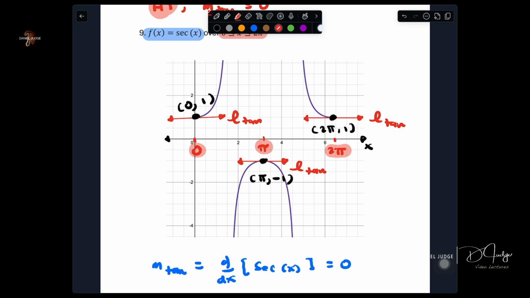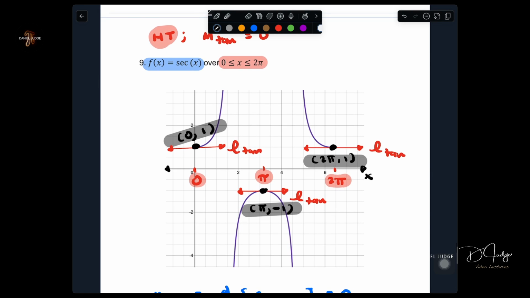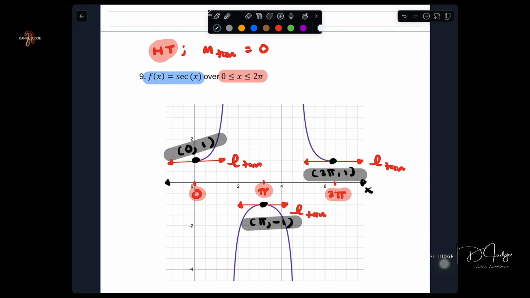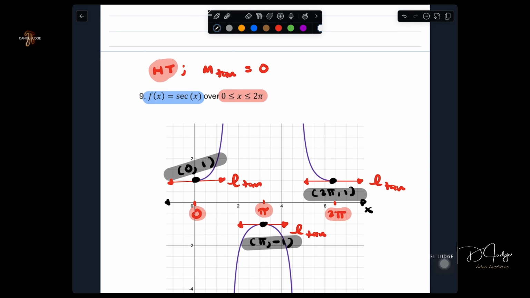So if you said, what are the locations? 0, 1, pi, negative 1, 2 pi, 1. This is where you have horizontal tangents for number 9. M tangent is 0. Okay.